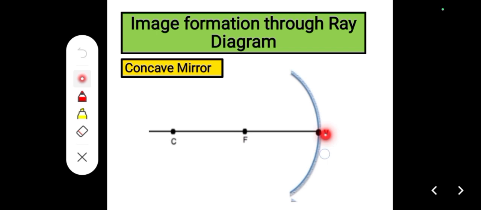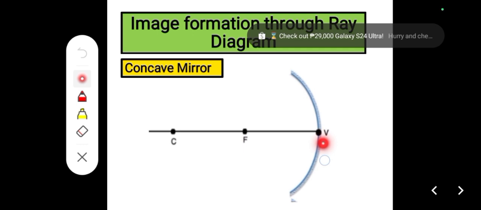And then, from this principal axis, the closest point other than V, the vertex, is F, which represents the focal length. Your focal length is half of the radius of your spherical mirror. If you extend the spherical mirror as a whole, half of its radius is your focal length.